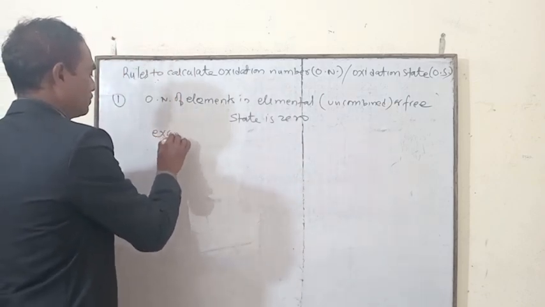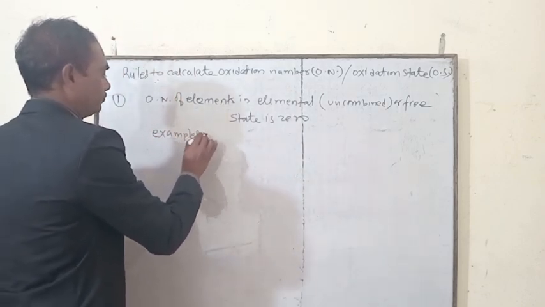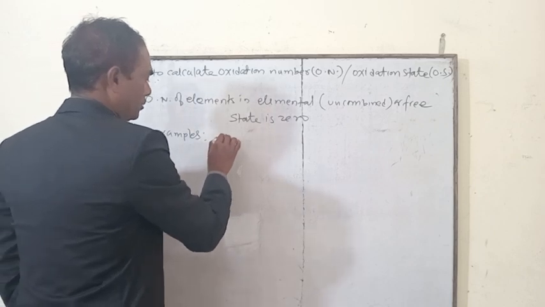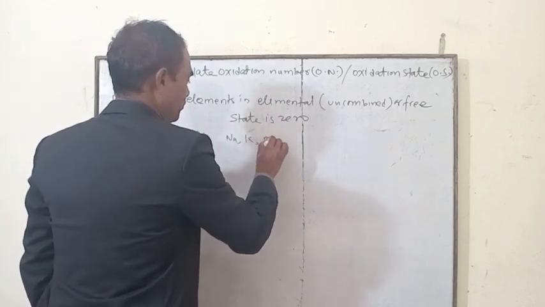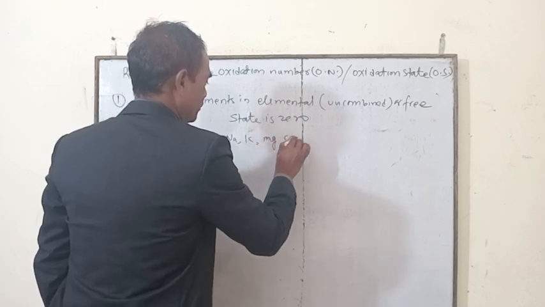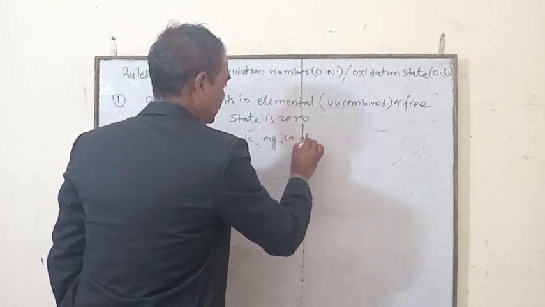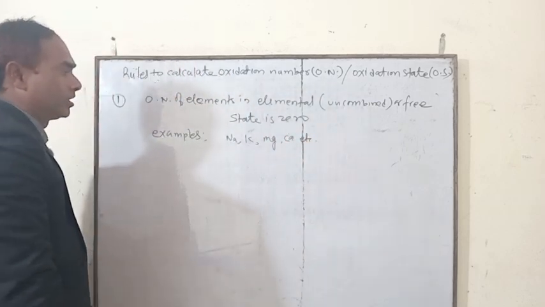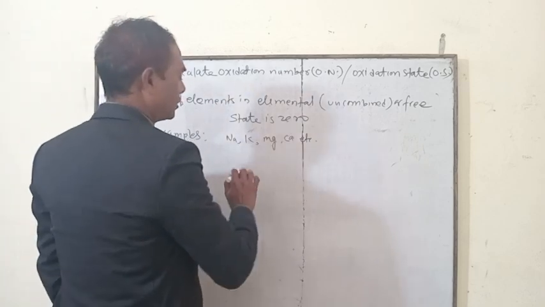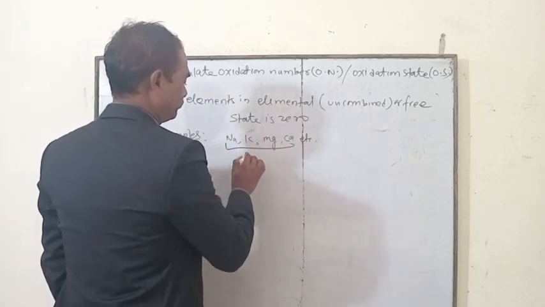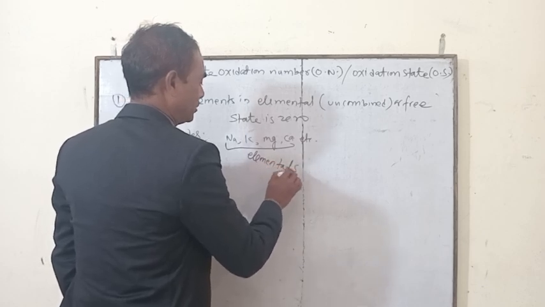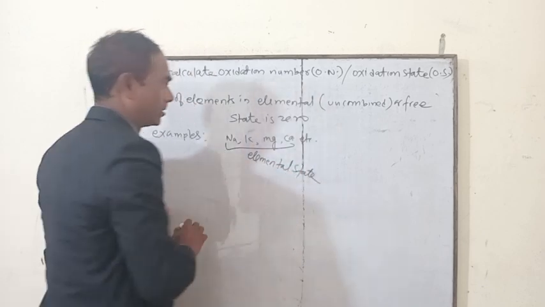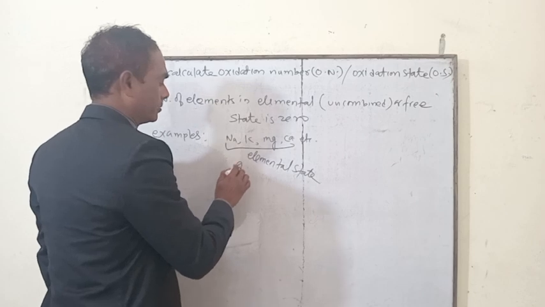Examples like sodium, potassium, magnesium, calcium, etc. These are in elemental state or uncombined state.